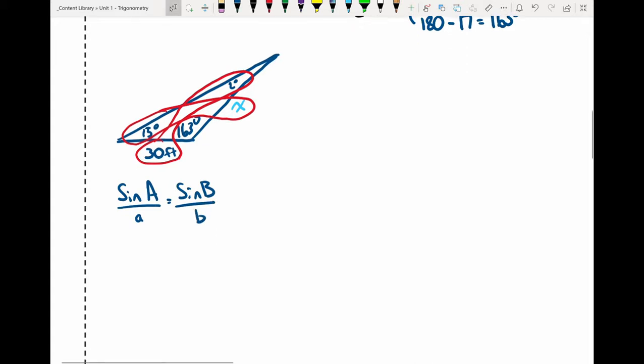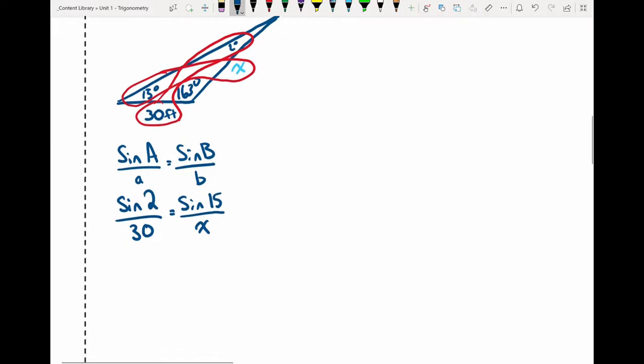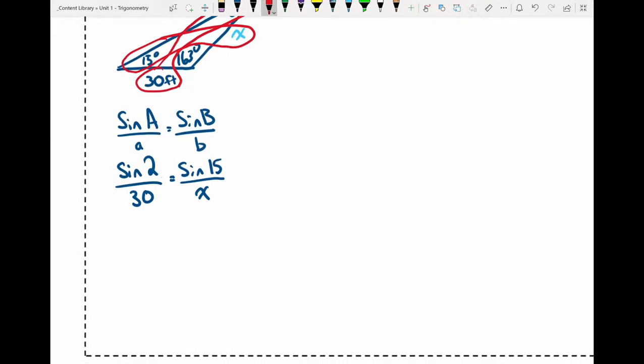And I can fill in my information from this triangle. My full pair: sine of 2 degrees over the side 30 feet, equals sine of 15 degrees, which is paired up with a side length of x because we're unsure. Now with sine law, the first step after we fill in our information is to cross multiply. So we have x times sine 2 is equal to 30 times sine 15.